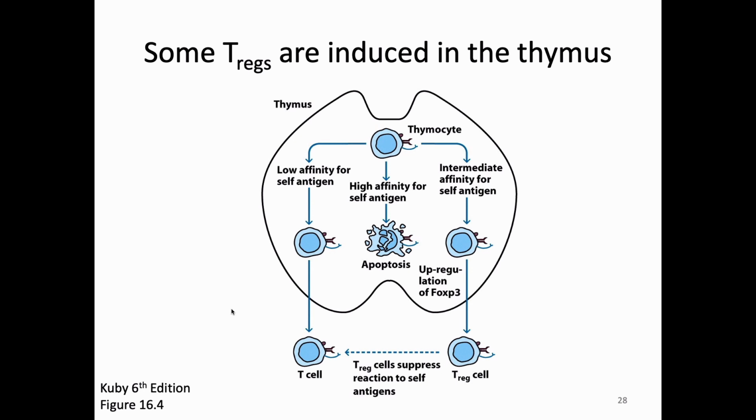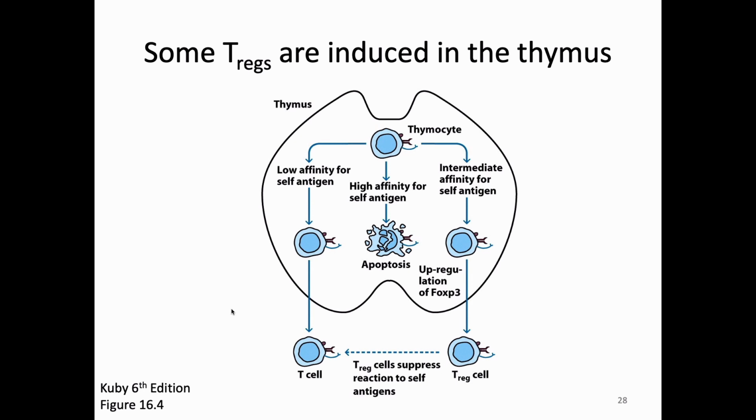And so if you remember when we talked about T cells developing in the thymus, we talked about cells that had no signal. So we can even say no or low signal. If you remember, those cells underwent death by neglect. We had this low intermediate signal.